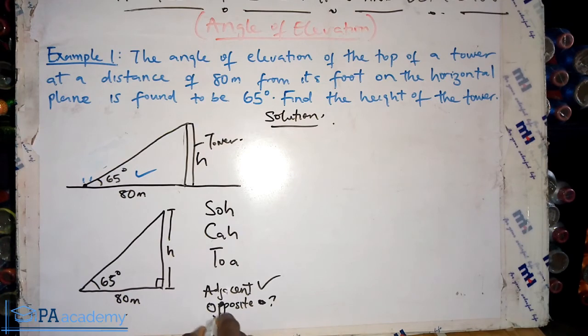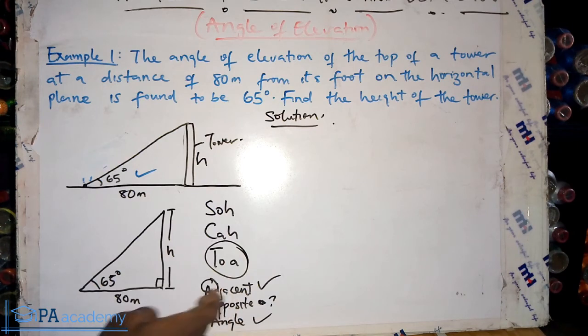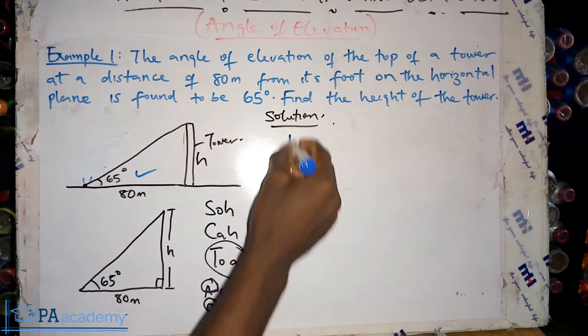And then we have an angle. So that means we have O and we have A. If you look at SOHCAHTOA, which one has A and O? It is tan. So that means we are going to be using tan theta to find the height of the tower. So let's do that.